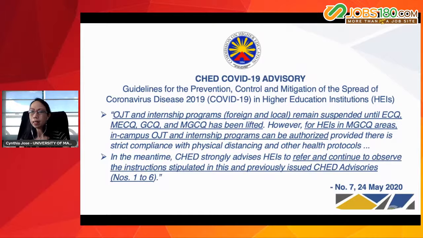I'm really just quoting the stipulations that refer to OJT, but the advisories are about 2 or 3 pages and cover not just OJT but all other sectors. And the HEIs were being encouraged to use alternative modalities, to hold online classes. And so that was actually what happened last year.